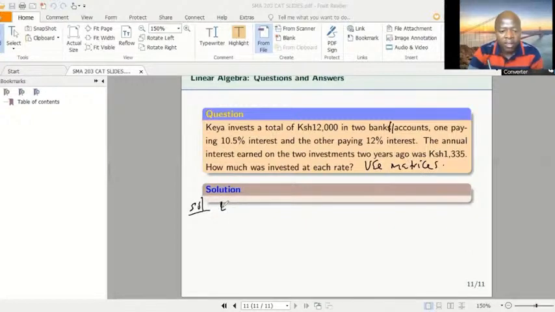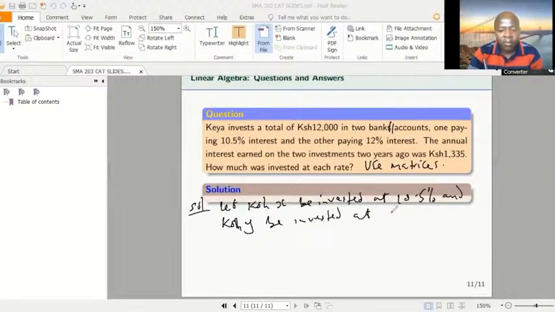So we would then say let X Kenya shillings be invested at the interest 10.5%, and Y Kenya shillings be invested at 12% interest.